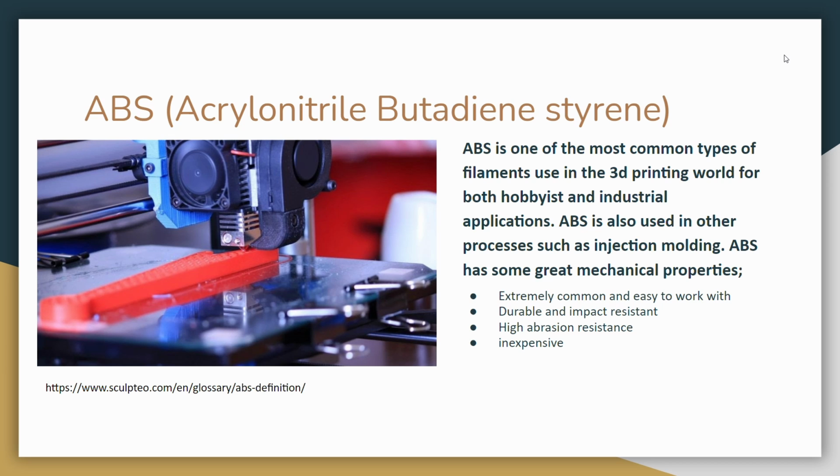With ABS, the user has some concerns due to warping issues of the material when used for 3D printing. This is easily fixed using a heated build plate and a temperature controlled area. Most hobby level machines come equipped with this capability. ABS is also a cheap and easily obtainable material and comes in a very wide range of colors for the end user.